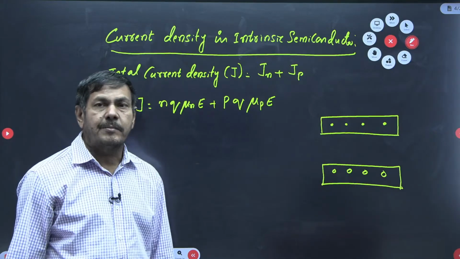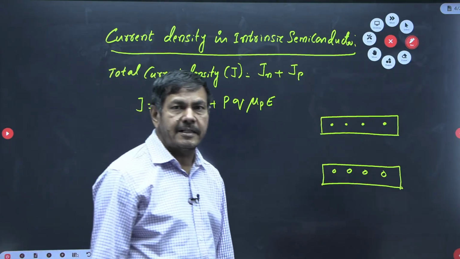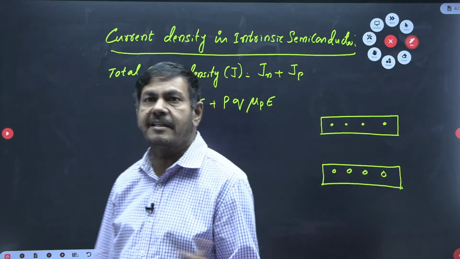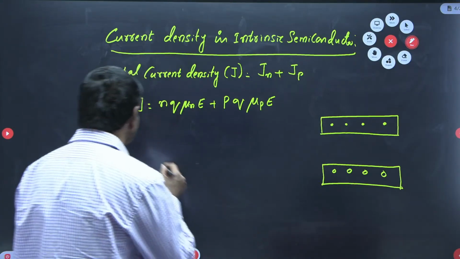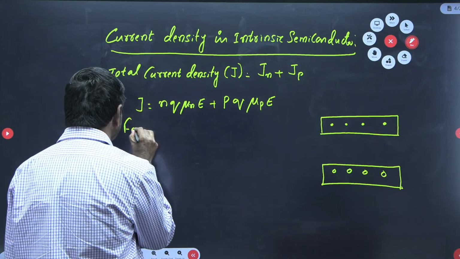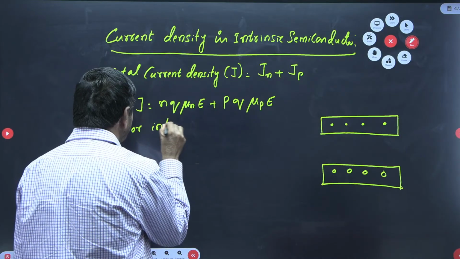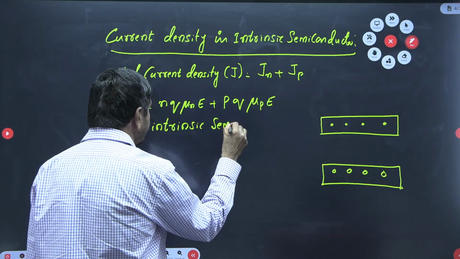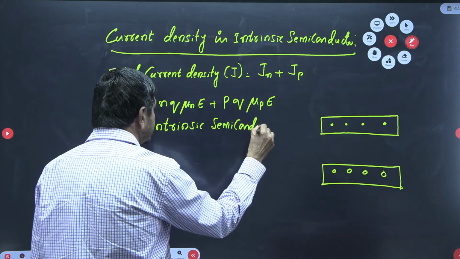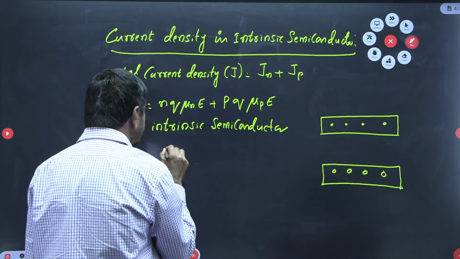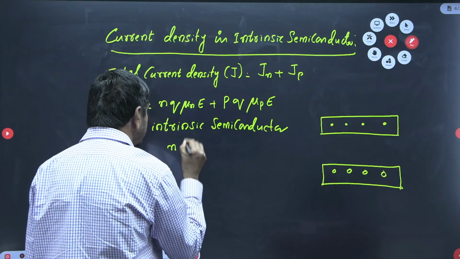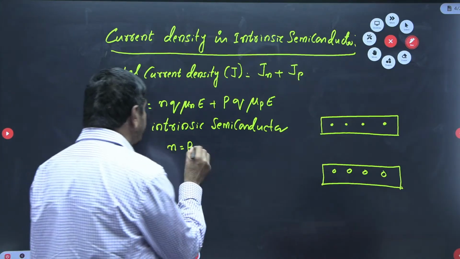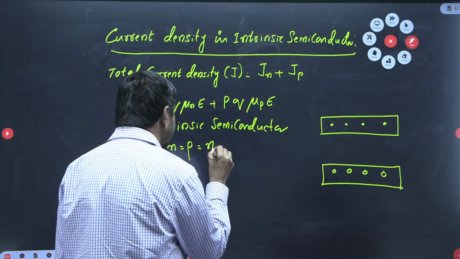But the point you have to remember: in the intrinsic semiconductor, the concentration of electrons and the concentration of holes are equal, I said already. For an intrinsic semiconductor, concentration of electrons equals concentration of holes. N equals P equals Ni, the symbol I have taken here.